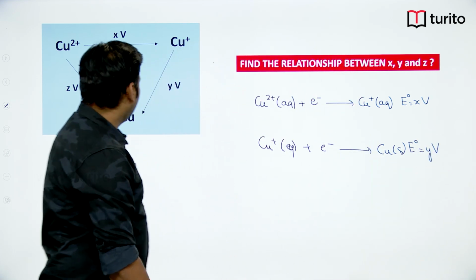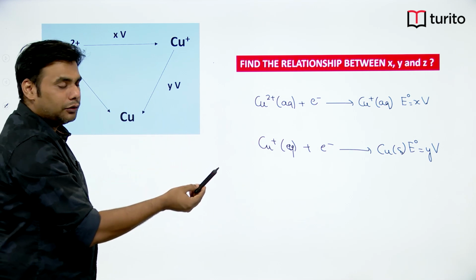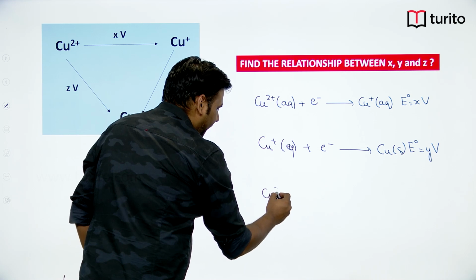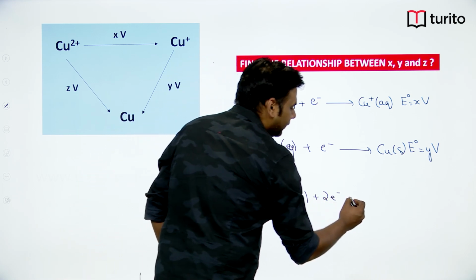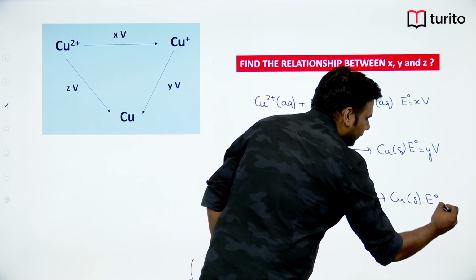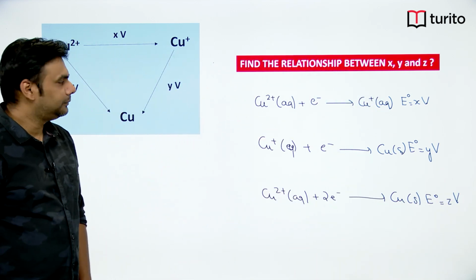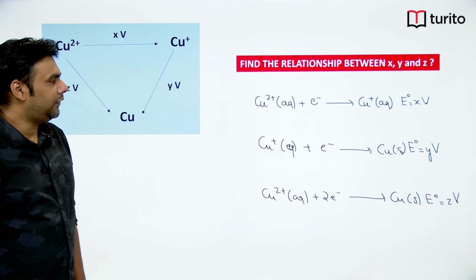Now you can see that when copper 2 plus takes up 2 electrons and directly changes into copper, its standard electrode potential is given by Z volt. Hope this is clear to you. Now we need to find the relationship between X, Y and Z.